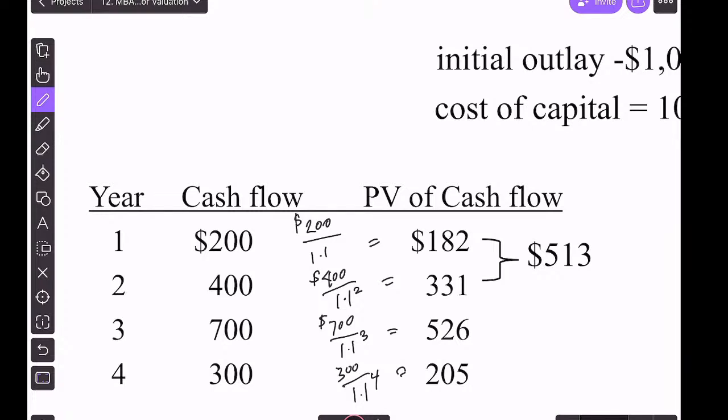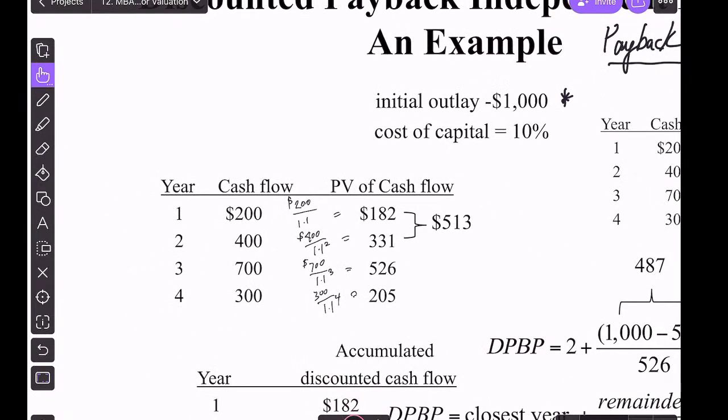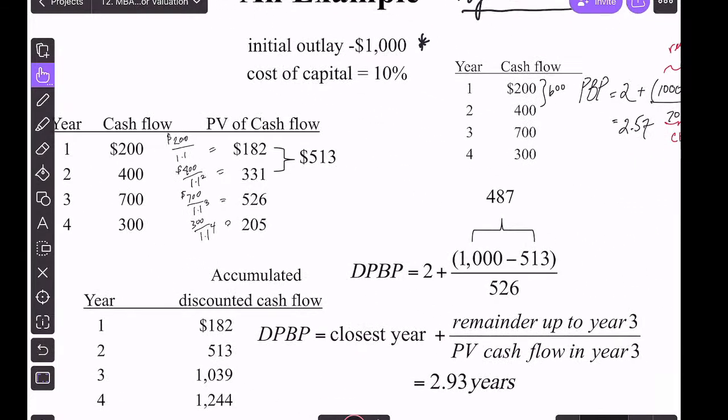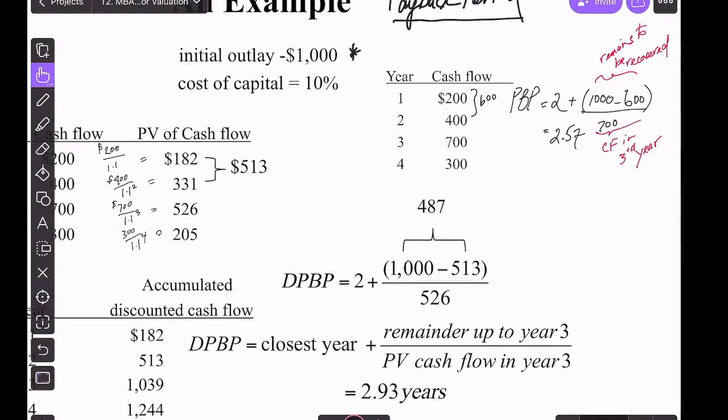And so then we want to find the discounted payback period. To do that, we use the same approach as I did above, but now I'm going to refer to these amounts. And it would be helpful to make another column where I add together these amounts to see where I approach 1,000.